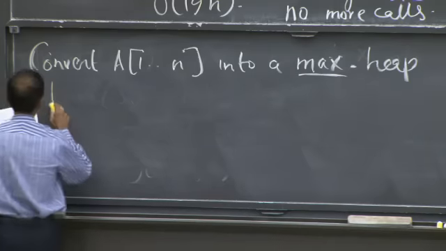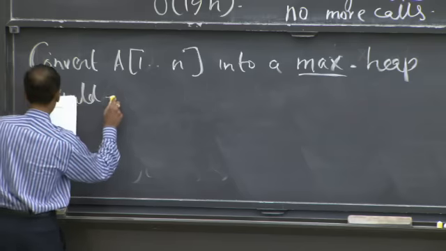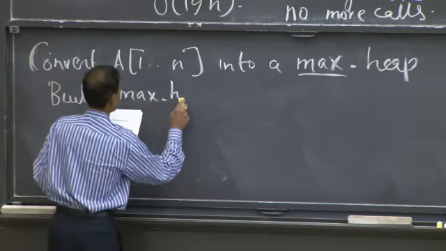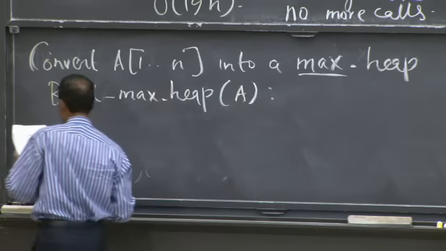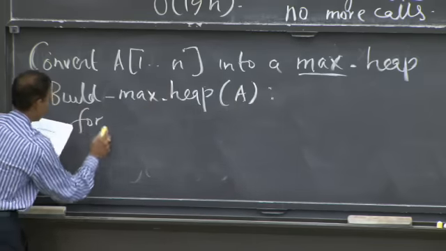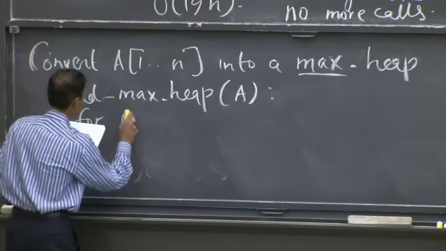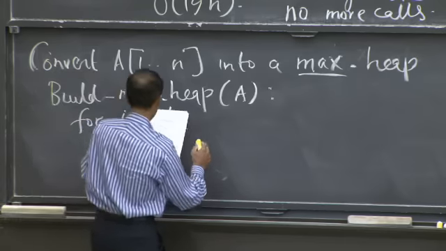And I'm going to write the pseudocode for build max heap because it's 2 lines of code. And that's about the limit of the size of program I can really understand, or explain, I should say.